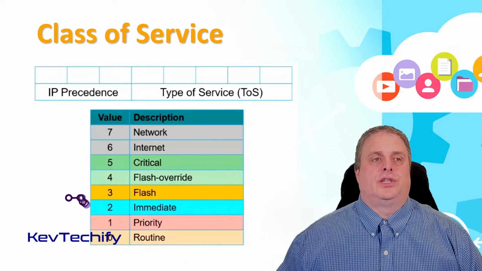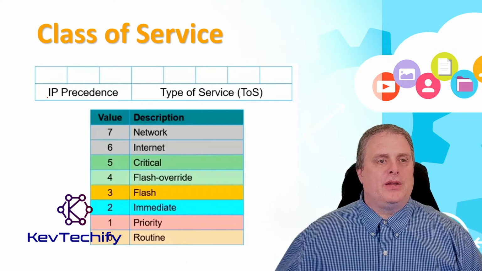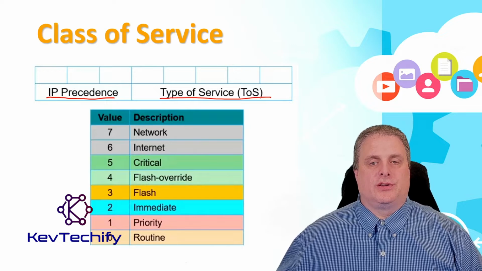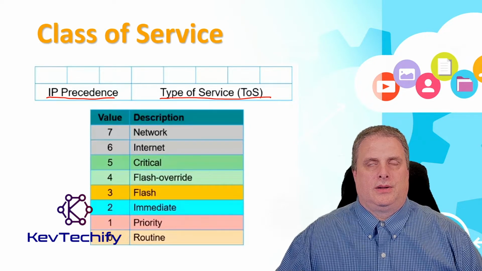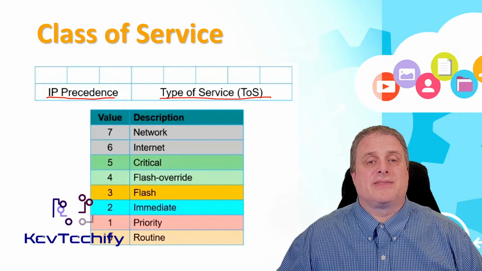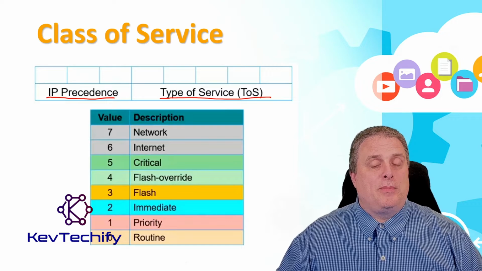In the old version, class of service at layer 3 was implemented by using IP precedence and TOS, type of service. IP precedence is 3 bits, the type of service is 5 bits, for a total of 8 bits.